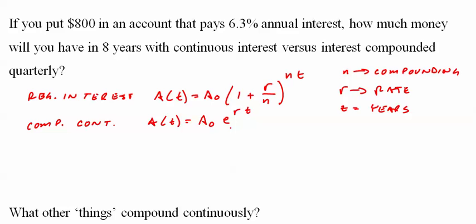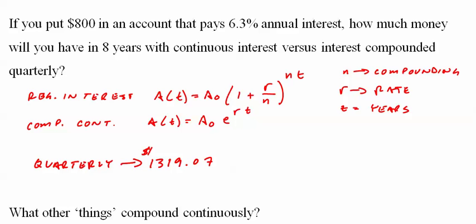And I am not doing the math here, but if you did quarterly, and you should blast this out on your calculator, but it's not that hard, you would get $1,319 and 7 cents.